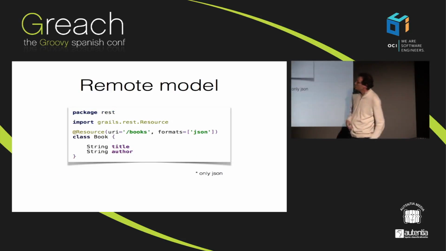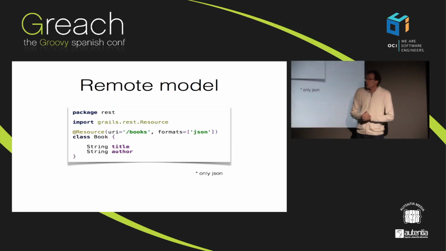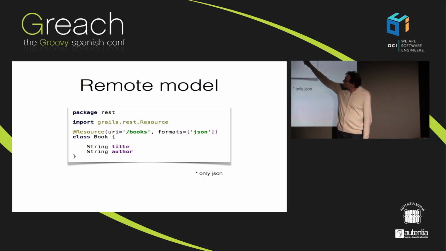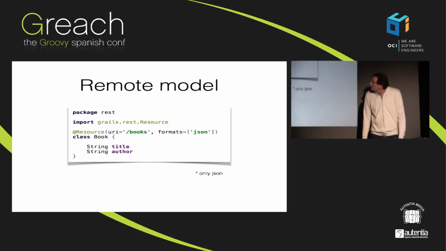Also, a feature is that you can use your domain classes with the add resource annotation, because with that annotation, Grails offers you the ability to get data from JSON calls. It only supports JSON, not XML.